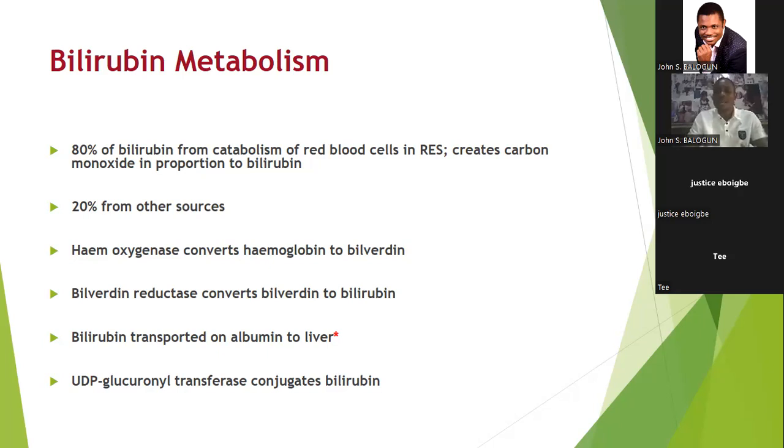And the way it conjugates bilirubin is by adding glucuronic acid to bilirubin, such that when one molecule of glucuronic acid binds to bilirubin, it gives you monoglucuronide, and then if two bind, it will give you diglucuronide. So you have a mixture of all of those conjugated bilirubin. What it does is that it converts bilirubin that is not soluble in serum to the one that is soluble, so that it can easily dissolve and be excreted by the body. So we are going to see that very quickly.